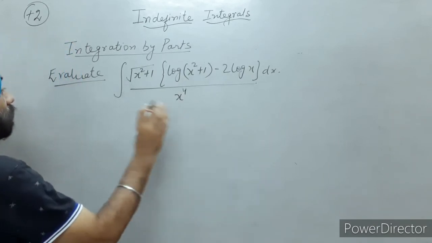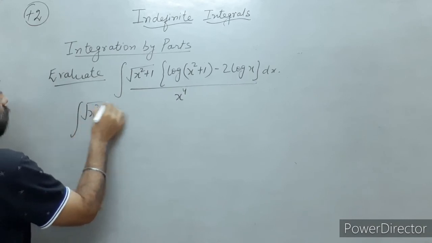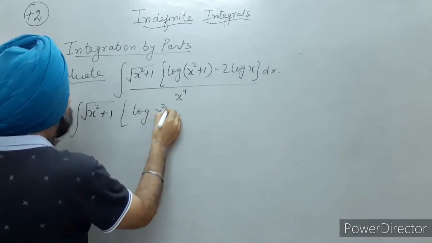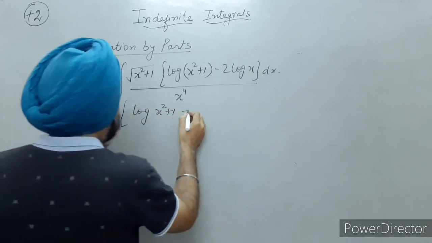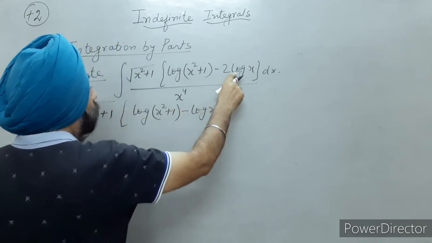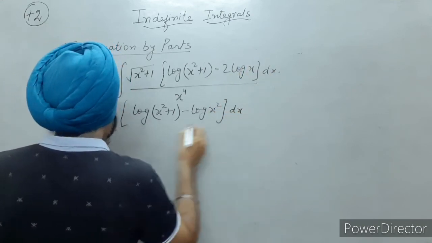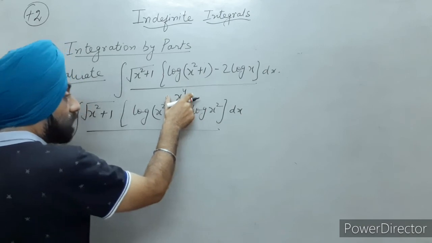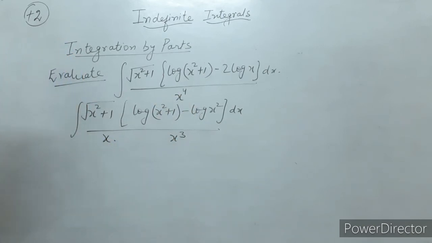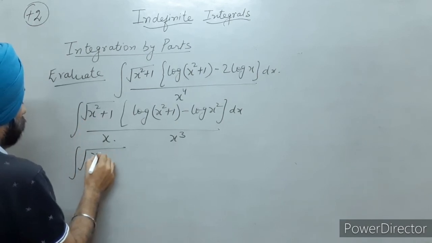Now first of all, what I will do is just write like this, as it is: log of x square plus 1 minus log of x square. n log m becomes log of m to the power n, dx. Denominator contains x4, I will write x cube into x. Now I can write this as x square plus 1.